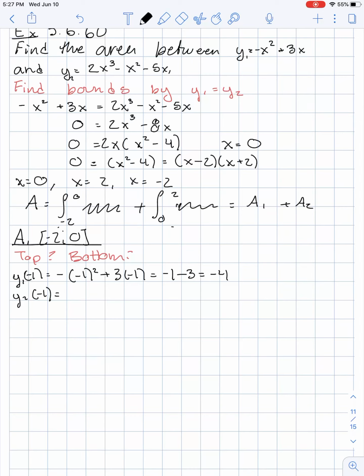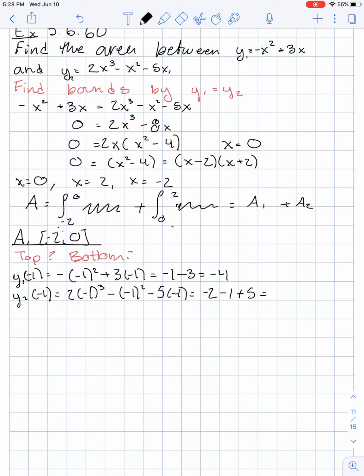So y2 at -1 will be 2 times -1 cubed minus -1 squared minus 5 times -1. Okay, -1 cubed is -1, so it'll be -2. Minus 1, -1 squared is just 1, so -1, minus a -5 will be a +5.